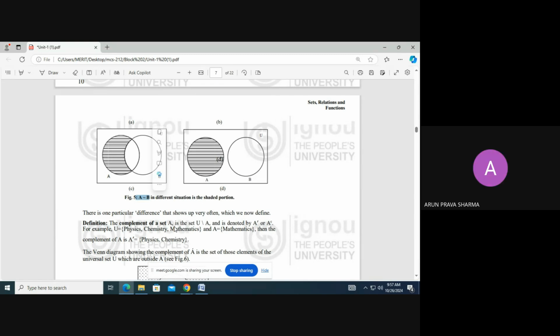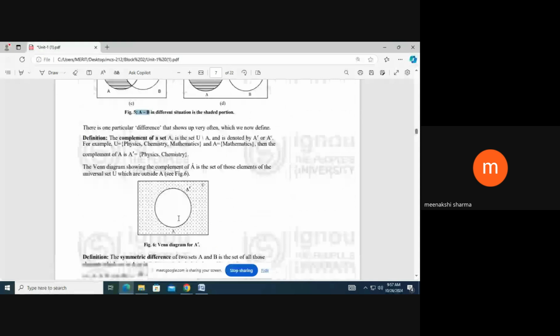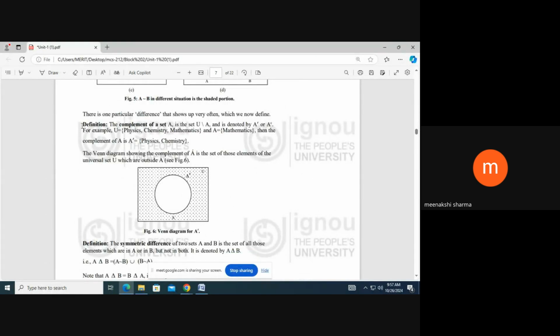Yes. Another one is the complement of A. Read this definition.